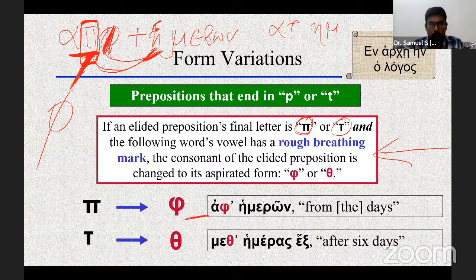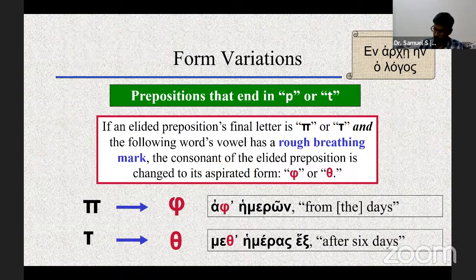Ap hemeron gets difficult. Aph hemeron, easier. That's the aspirated form. The aspirated form of a pi is a phi. Aspirated form of a tau is a theta. It's just to help in sounding.